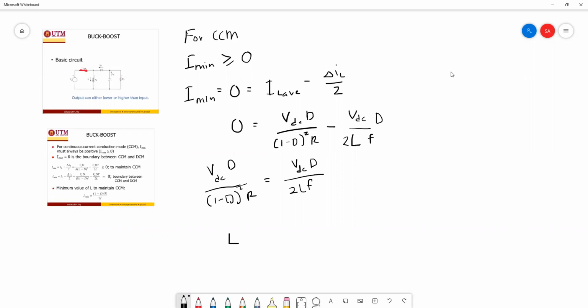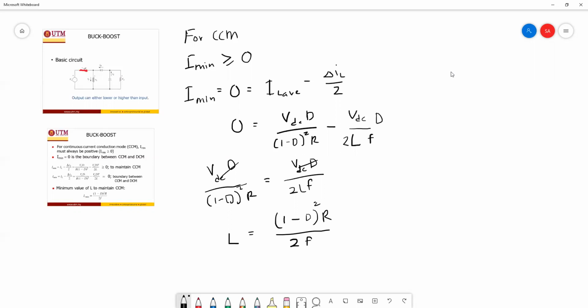Rearranging this, the VDC and D will cancel out, and my L will be 1 minus D square multiplied with R over 2F.